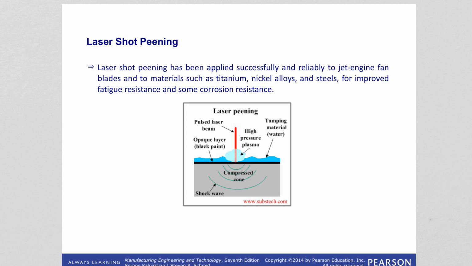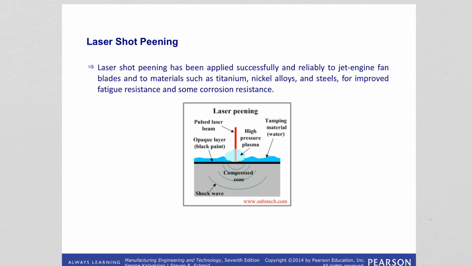The material of the black layer has low heat of vaporization. So when the laser strikes the workpiece surface, the pulse energy is absorbed by the opaque material, which heats up, vaporizes, and forms a high temperature plasma.